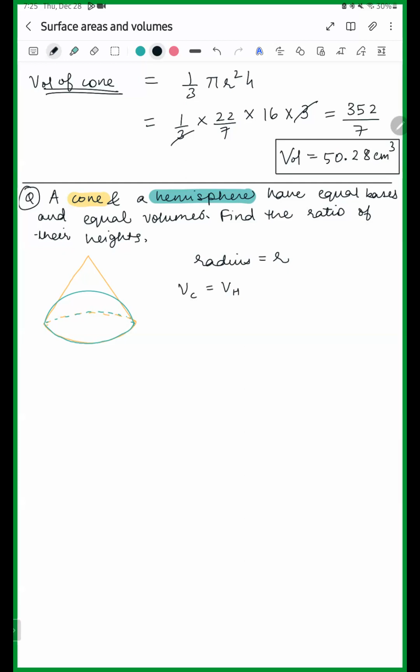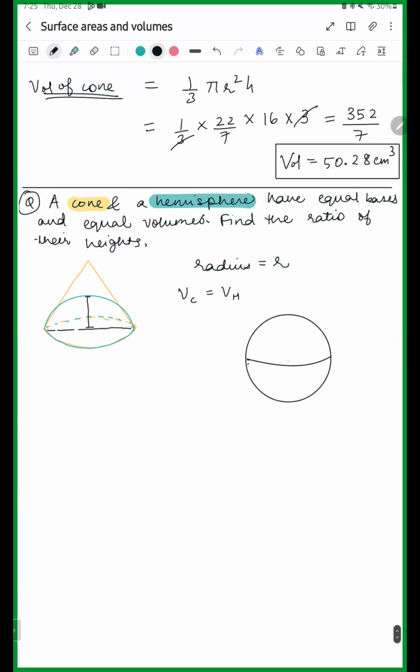Now we don't know their heights. Height meaning, what is the height of a hemisphere? Can someone tell me? Height of a hemisphere is nothing but its radius itself. If you take a sphere and cut it down at the middle, this is the radius, and if this is the height of the sphere, then it is twice the radius, right?